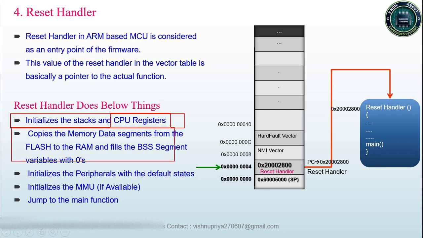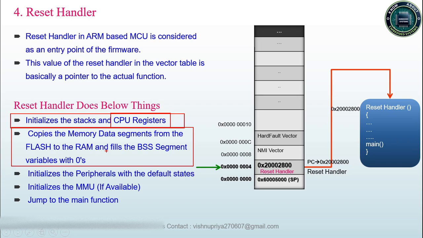Second major thing, during this reset phase, we're going to copy the memory from flash to RAM. That means the boot sequence will be available in flash memory, and we're going to copy it from flash memory to the RAM region.